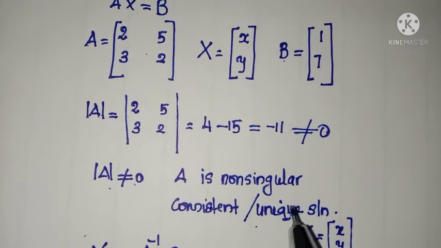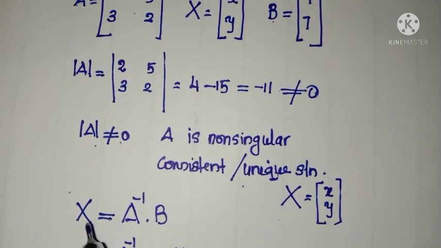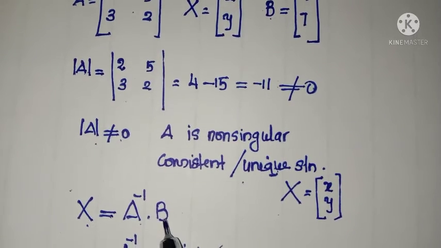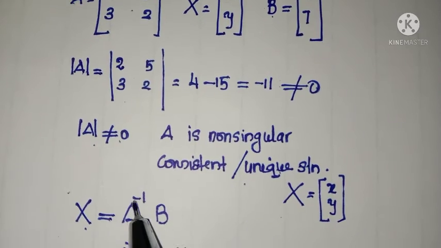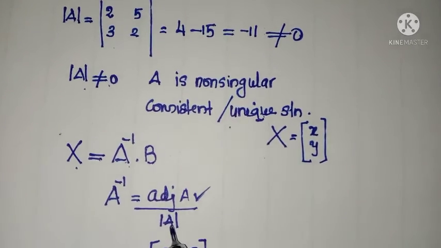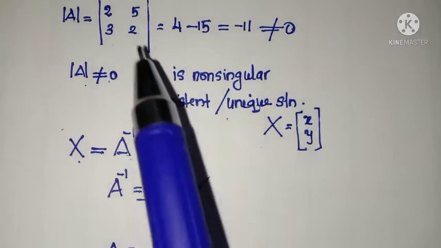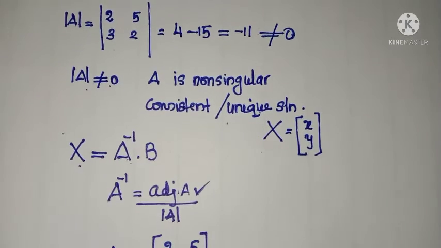Now we want to see the solution using the result X equal to A inverse B. Here A inverse is obtained by adjoint A divided by determinant of A. So we have to see what is the adjoint of the matrix 2, 5, 3, 2.